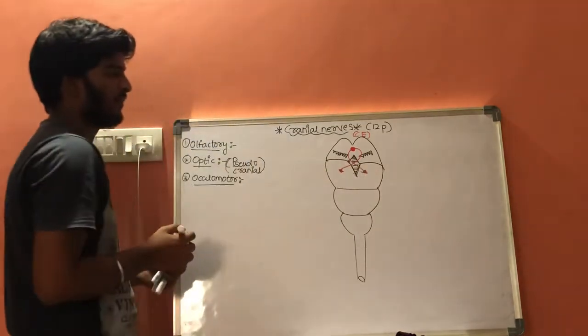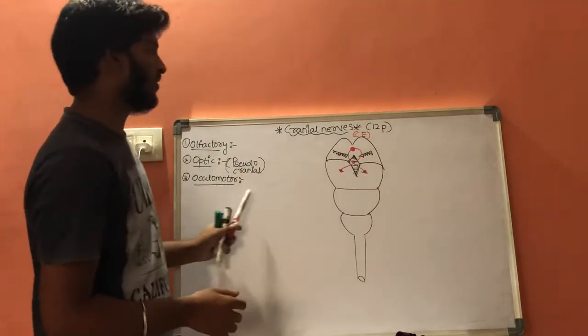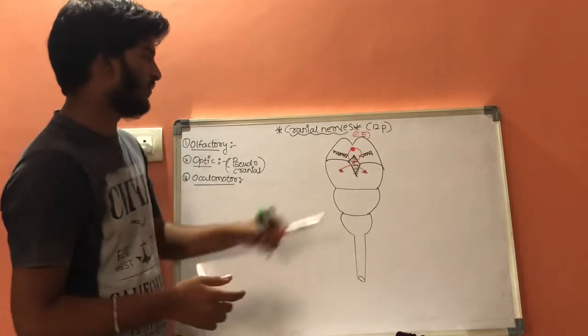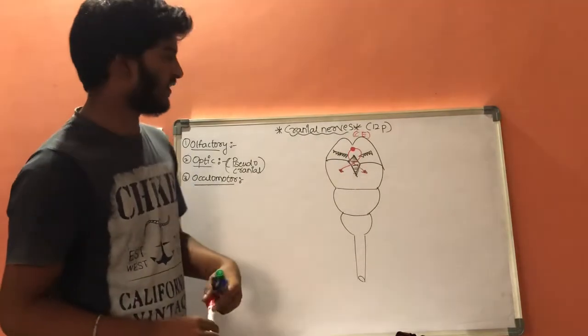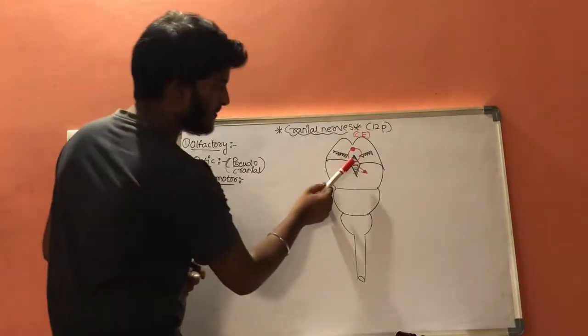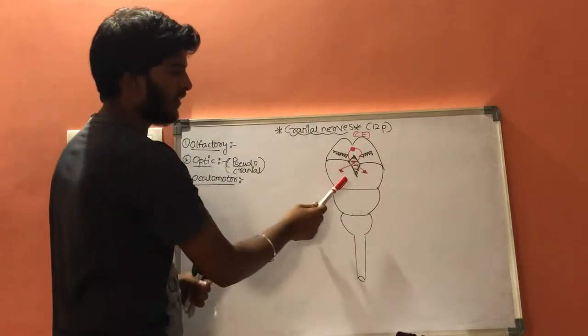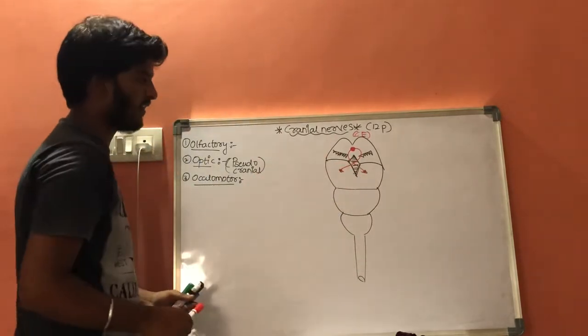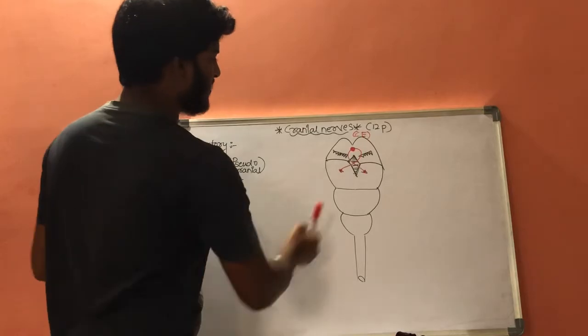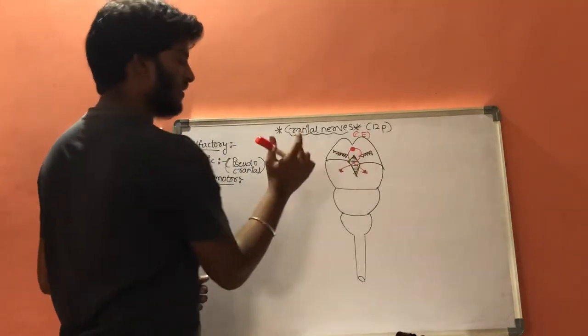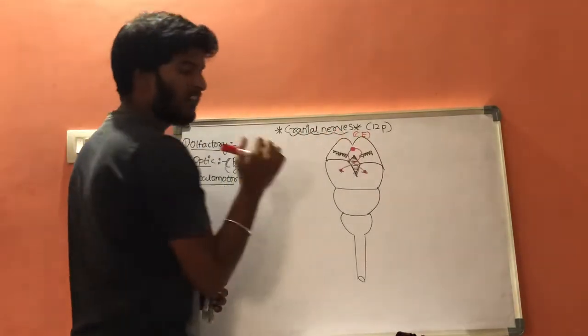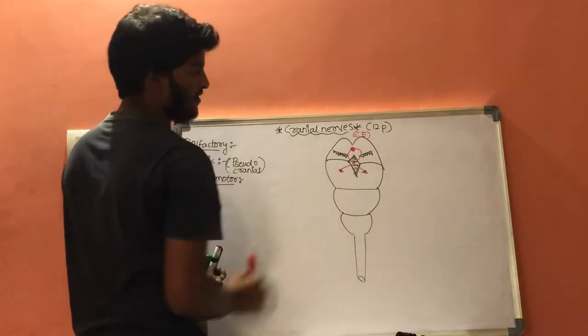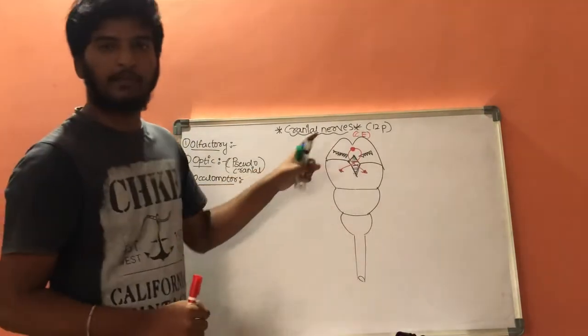It will move from this part and enter in this manner. In this way, the third oculomotor nerve will be produced in the anterior part of the midbrain.